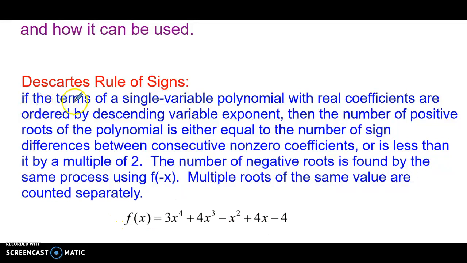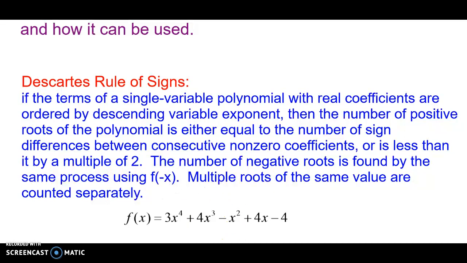It says, if the terms of a single variable polynomial with real coefficients are ordered by descending variable exponent, in other words, it's in standard form, then the number of positive roots of the polynomial is either equal to the number of sign differences between consecutive non-zero coefficients or is less than it by a multiple of 2.